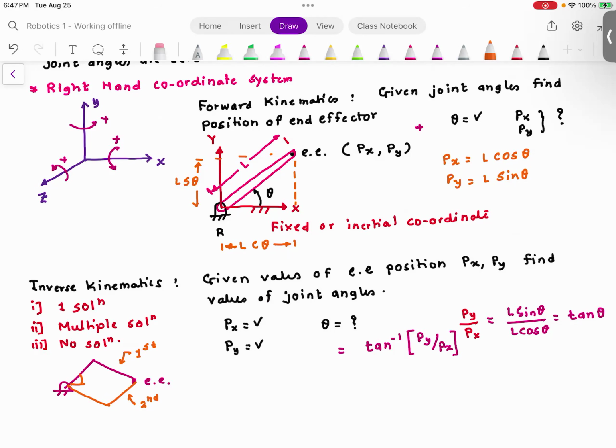When I was a student, we had to do this mathematical jugglery and then solve the inverse kinematic solution. But nowadays, we use computer simulation software like MATLAB, and MATLAB gives us the inverse kinematic solution.